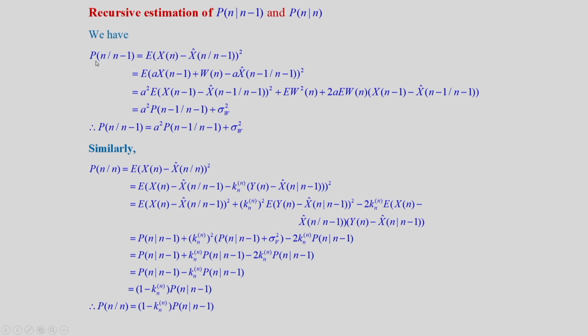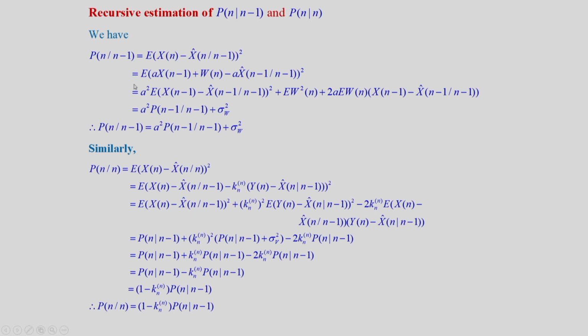Now, let us see how we can get this mean square estimation error, P of n given n. Let us find the mean square prediction error P of n given n minus 1, which is equal to E of (x_n minus x hat n given n minus 1) whole square. Now, according to the signal model, x_n is equal to a x_(n minus 1) plus w_n, and the estimator x hat n given n minus 1 is equal to a times x hat n minus 1 given n minus 1, that is the estimator at n minus 1 multiplied by a.